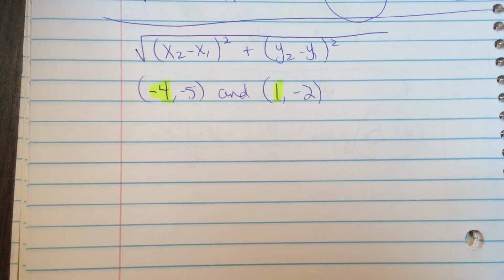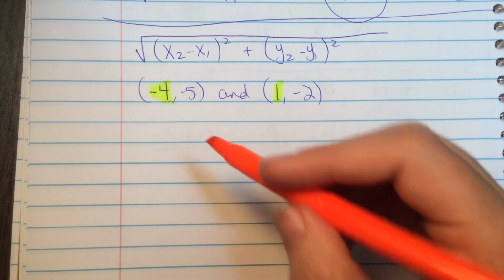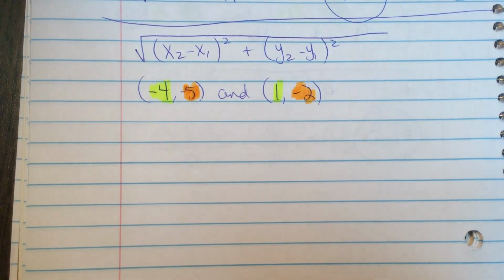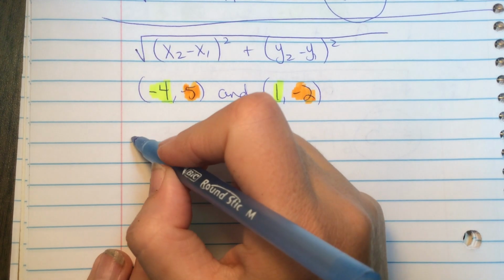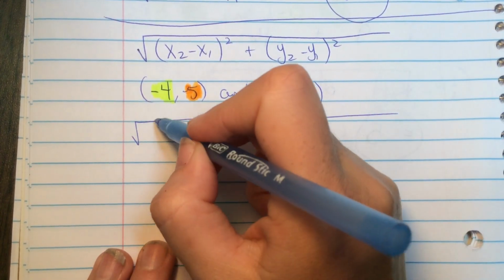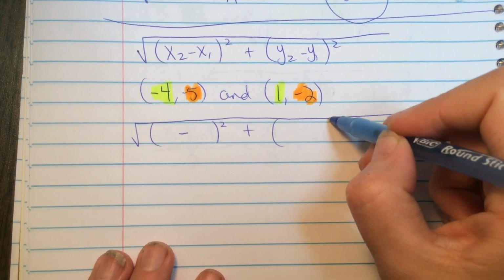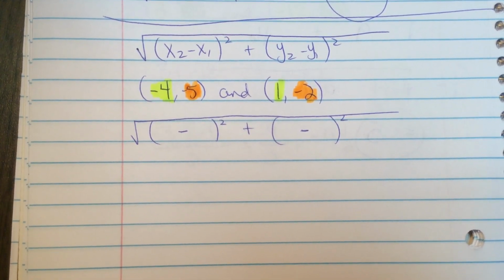And I'm going to highlight my y's, I think I'll make them orange. That way they're a much different color. Okay. I'm going to give myself the shells. So all I have to think about is putting the numbers where they go.